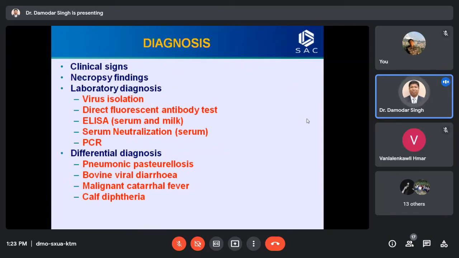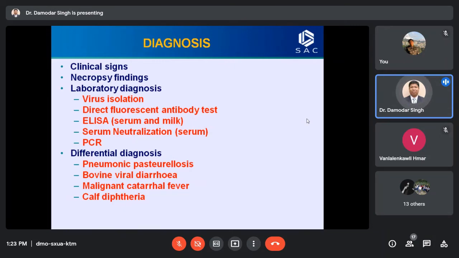And finally, diagnosis can be done on the basis of clinical signs and symptoms and the post-mortem findings, but you have to confirm the disease by laboratory diagnosis: virus isolation, direct fluorescent antibody technique, ELISA, serum neutralization technique, and PCR, polymerase chain reaction, right?